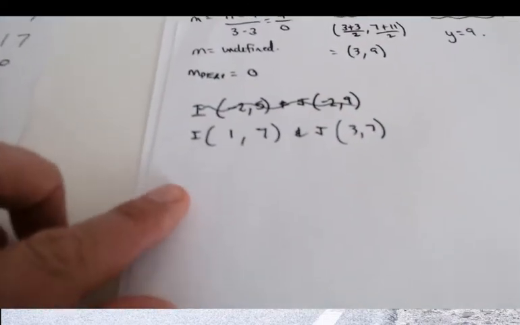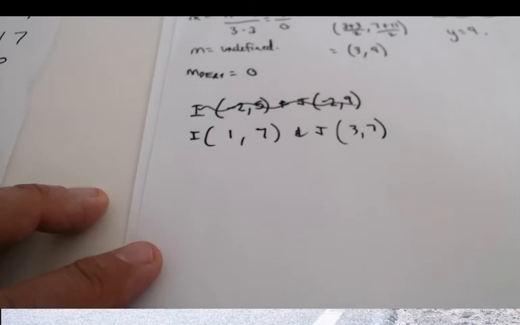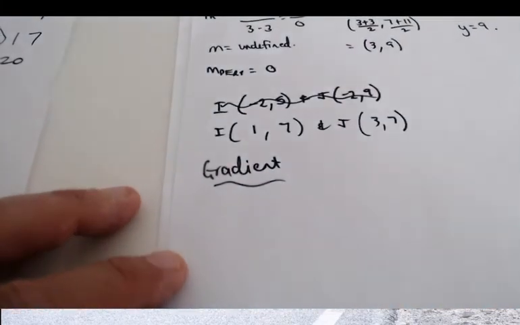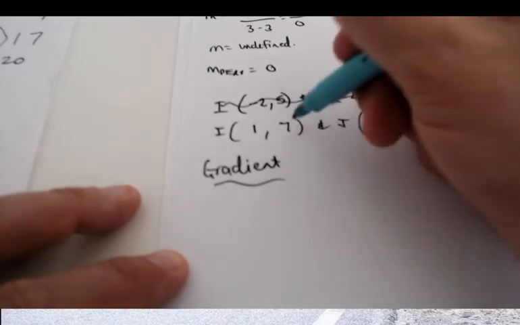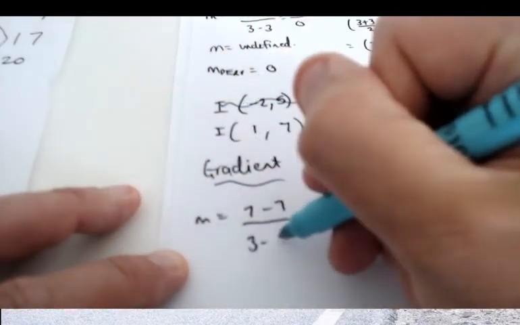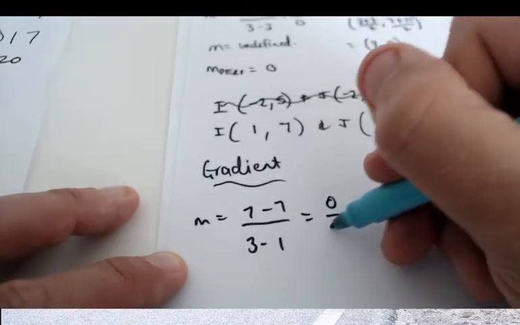My mistake. Okay, we're going to work out the perpendicular bisector of this line. So we need the gradient. So same as before, y2 take away y1 over x2 take away x1. So 7 take away 7 over 3 take away 1, which will give me 0 over 2.